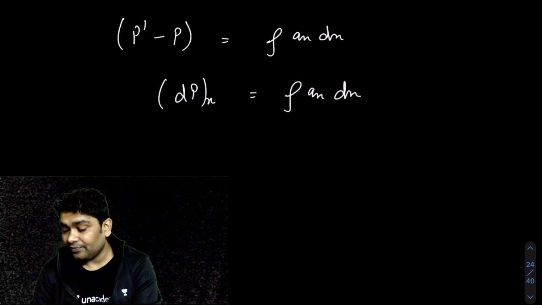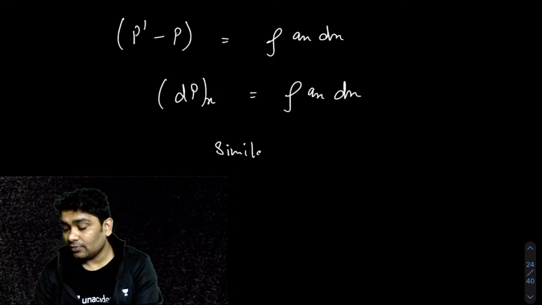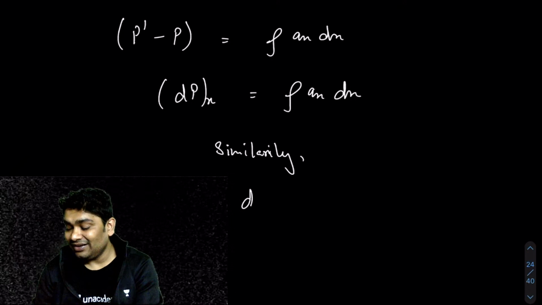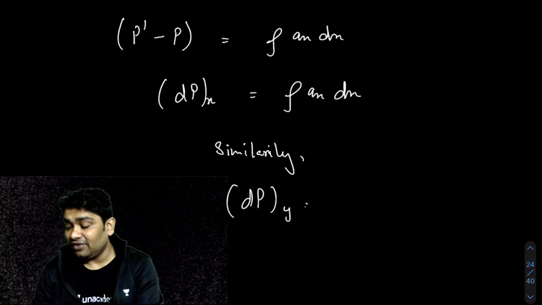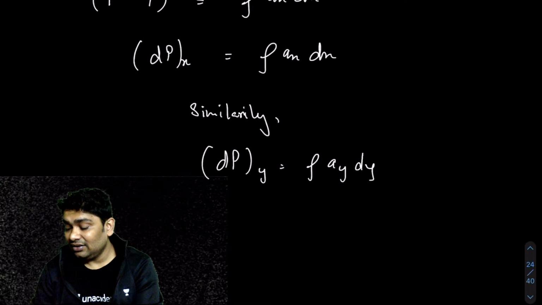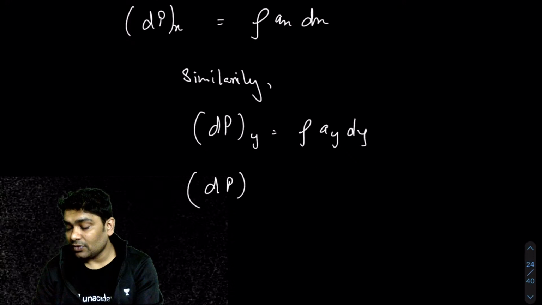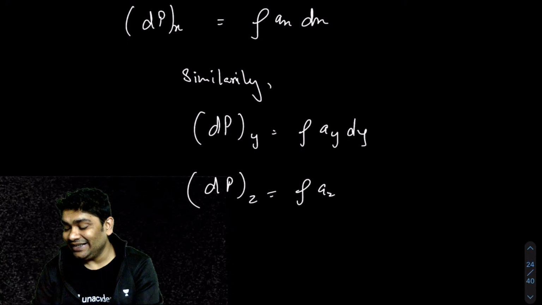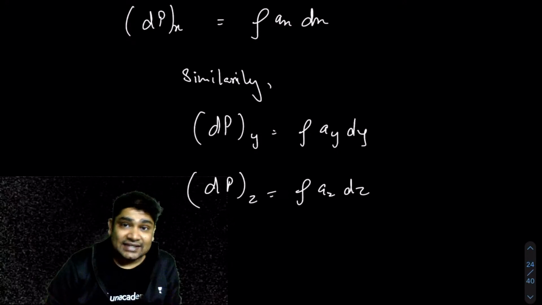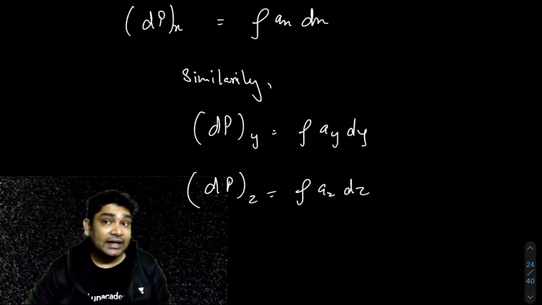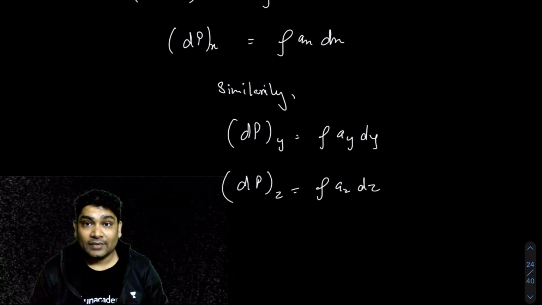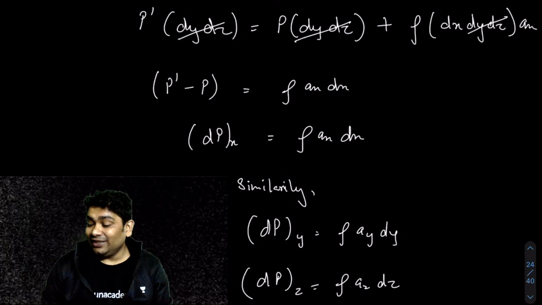Similarly, I can say dpy, the change in pressure in y, would be rho ay dy, and dpz equal to rho az dz. Okay, this is how you find the pressure variation anywhere. Now you can integrate this and find the delta p's. Okay, I hope you got the logic of this.